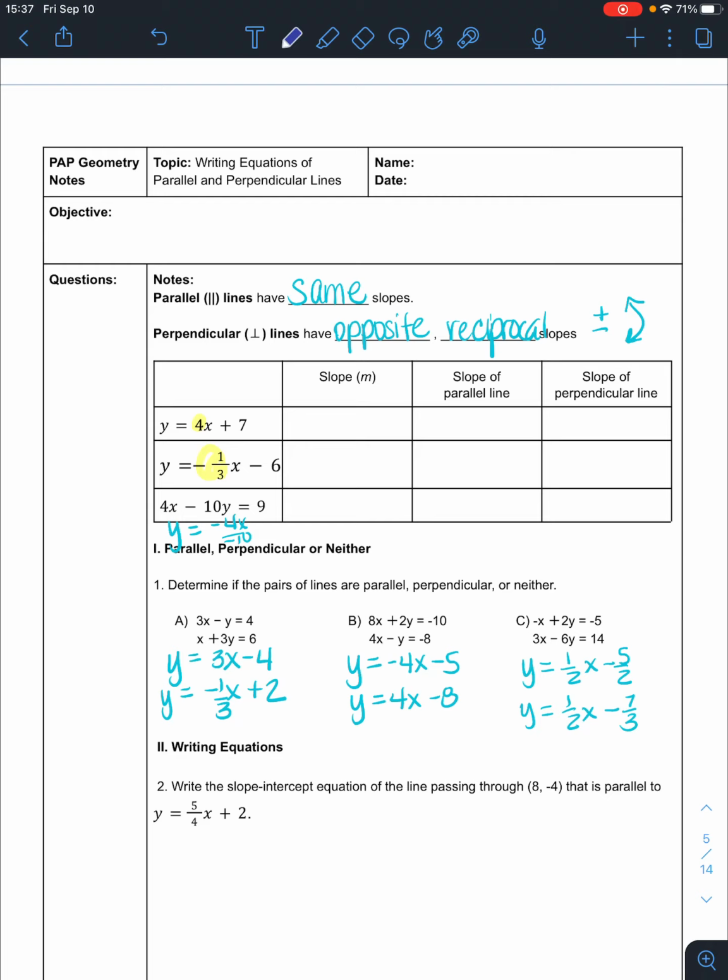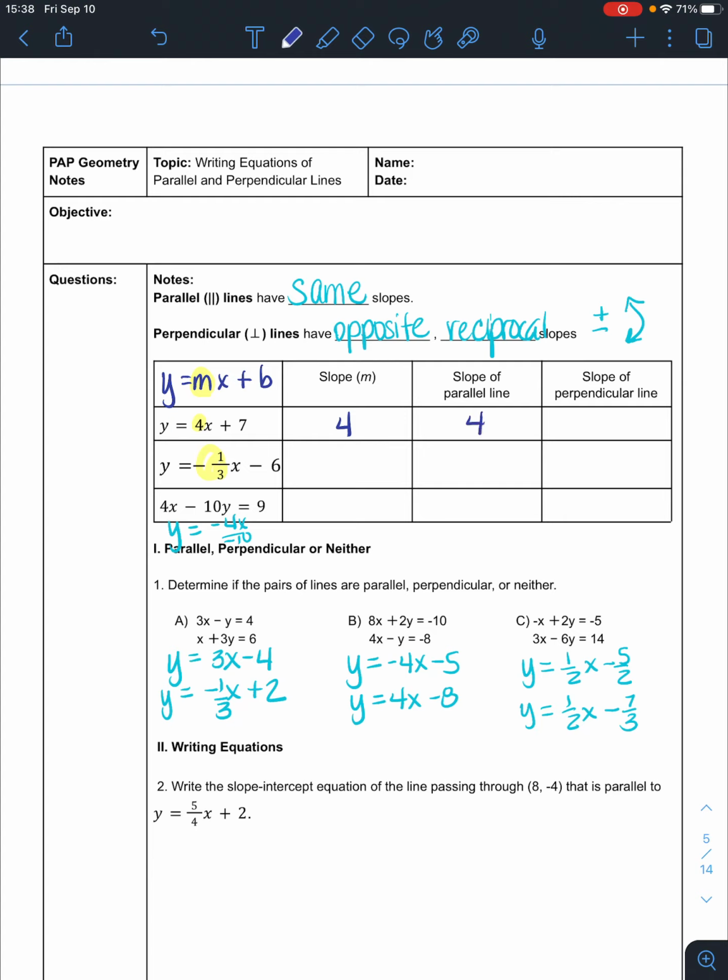So remember, if we have y equals mx plus b, if that is our slope-intercept form, m is our slope. And so we can get the slope from an equation by just putting it in slope-intercept form. So y equals 4x plus 7, our slope is 4. If we want the slope of a line that's parallel to that original line, then it will have the same slope.